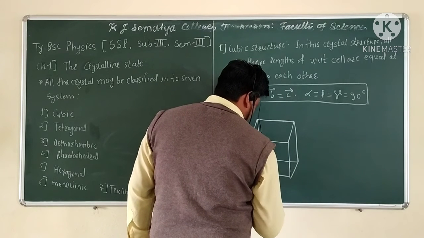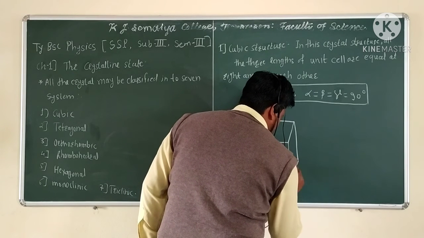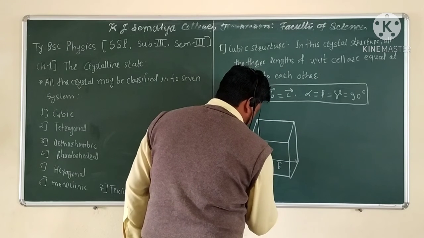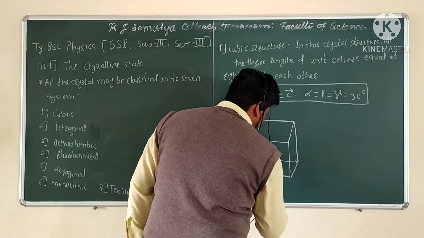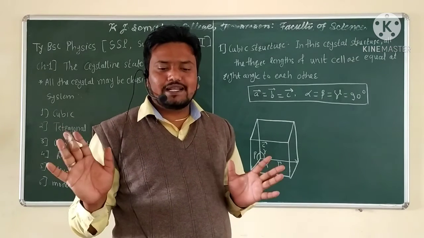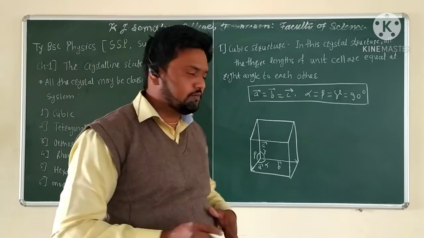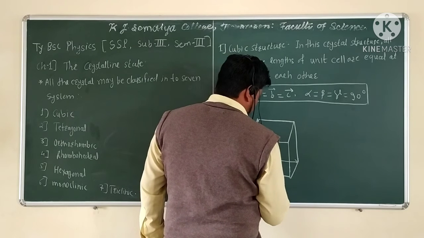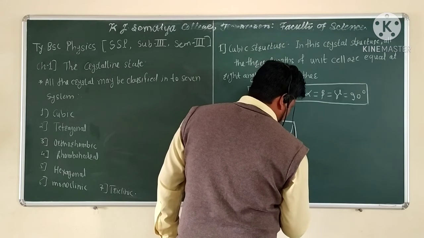This is vector a bar, this is vector b bar, and this is vector c bar, with angles alpha, beta, and gamma of 90 degrees. All lattice points are situated on the corners of the cubic structure, called vertex or corner points, and there are a total of 8 corner points.